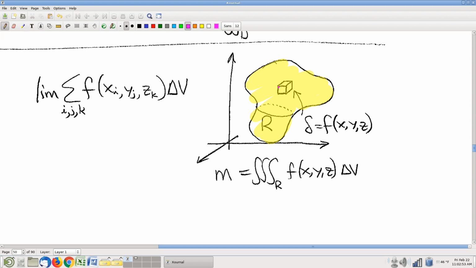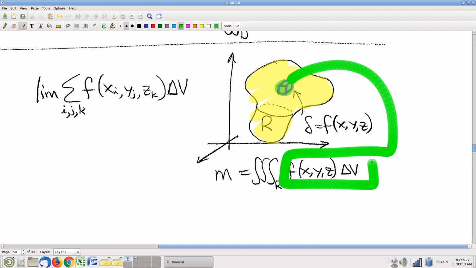I would break up this volume into little boxes. They're not sub-intervals. They're not sub-rectangles. They're sub-boxes. Right? On each of those little pieces, I can very comfortably argue the amount of mass in that little piece is volume times density.